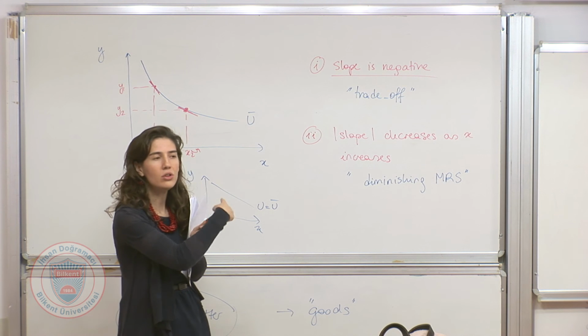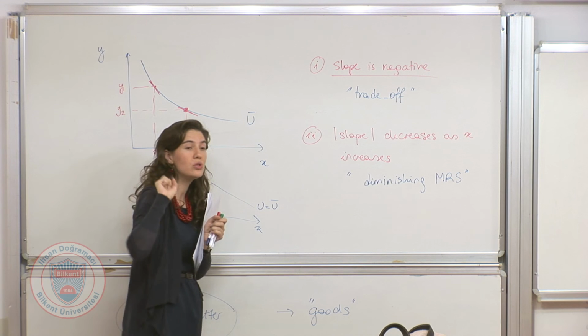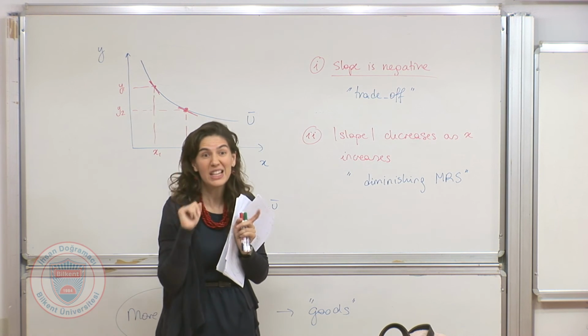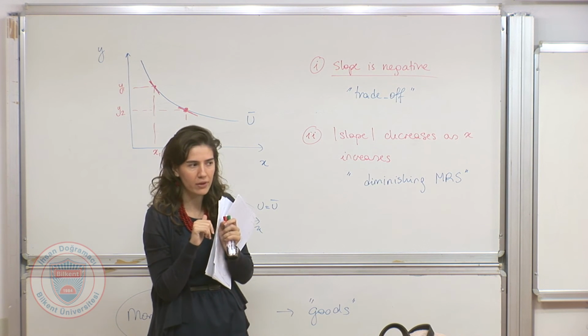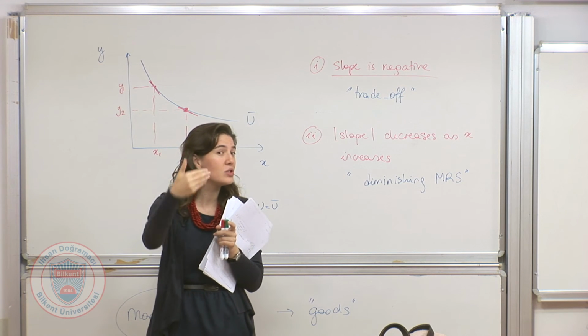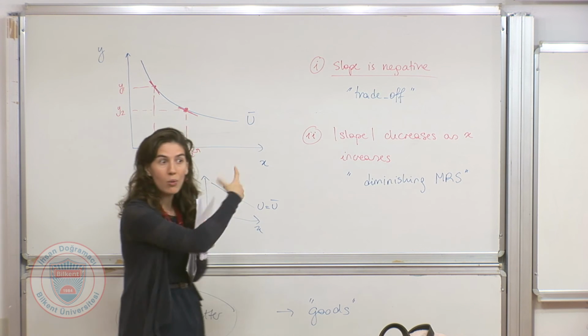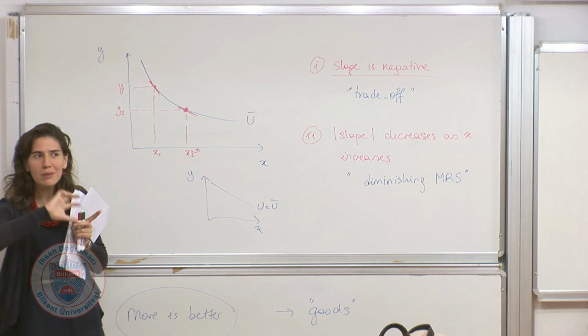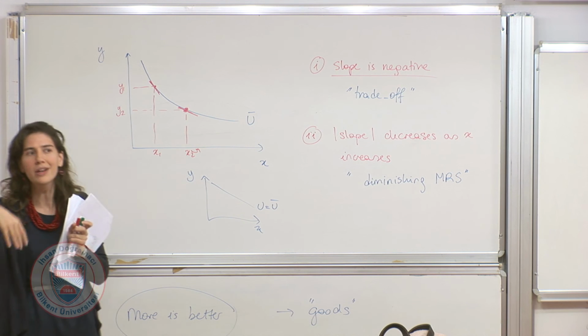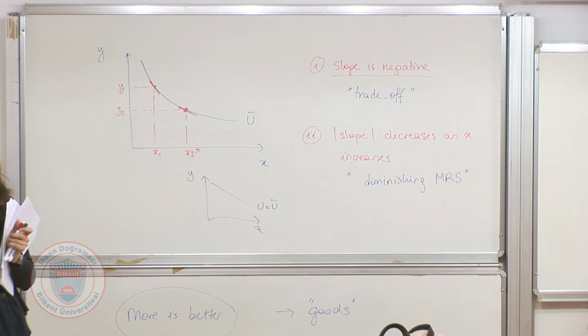So this concept is related to the strict convexity of the indifference curve, okay? If you need to explain strict convexity of indifference curves to your grandma, you know what you would say. Oh, it means that the more x you have, in order to have one more x, you would be willing to give up less and less y, right?